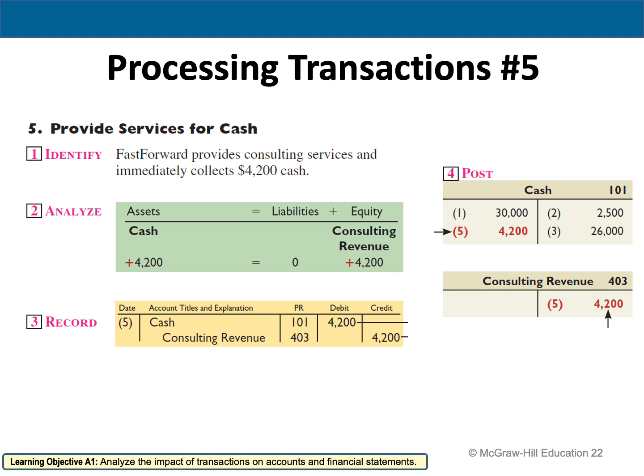Why? Because we receive cash, so the cash is increasing on the debit side. When it comes to the consulting revenue, we draw the T account and we post the 4,200 on the credit side. Why? Because the revenue is increasing, so I have to record it on the credit side. So let's move now to the processing.